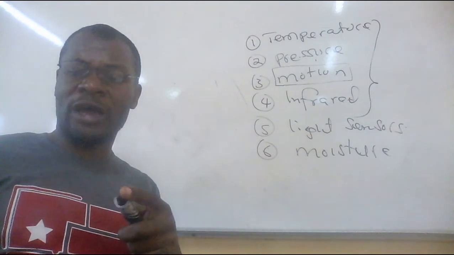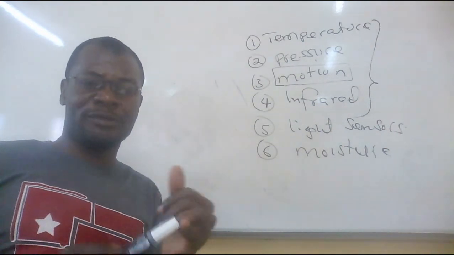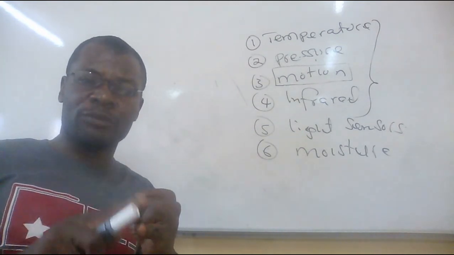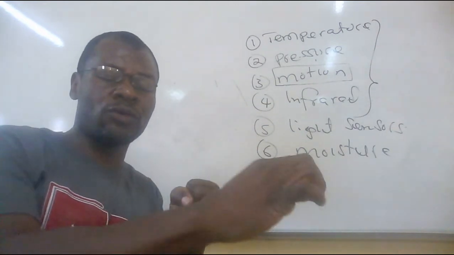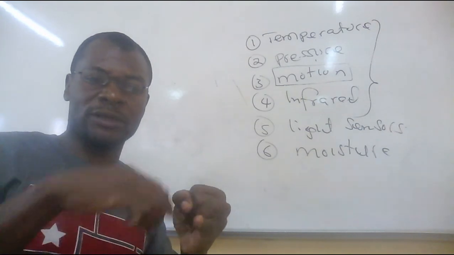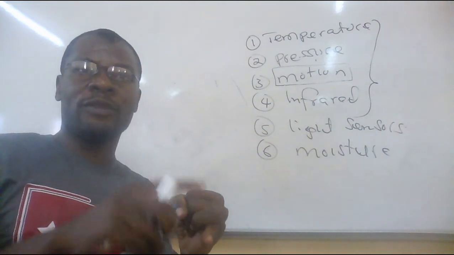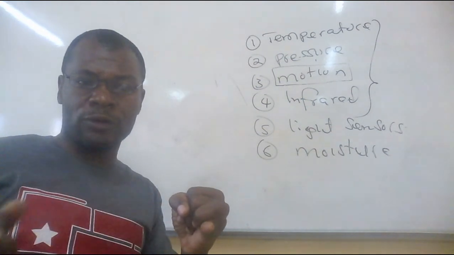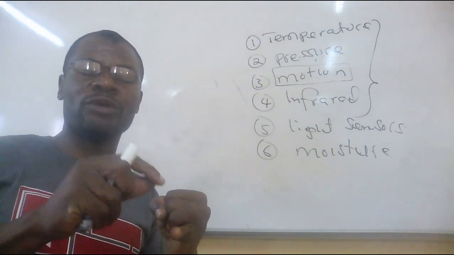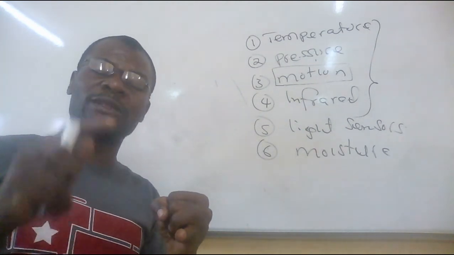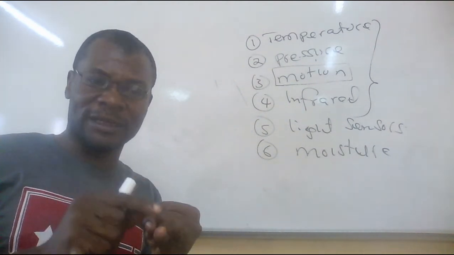But I hope you've understood. Please always remember that a sensor is an input device. This input device measures physical quantities, data which is outside the computer world, which is analog. Then the analog data, before it can go into the computer system, is supposed to be converted to digital language, so that the computer can understand.